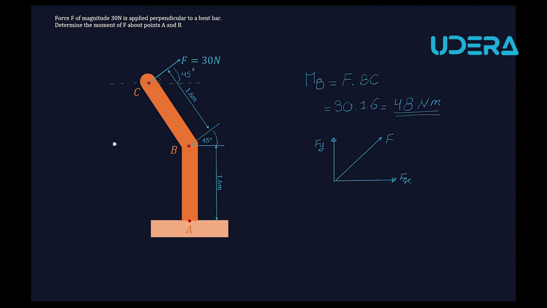So Fx will be F cosine of 45 and Fy is F sine of 45.